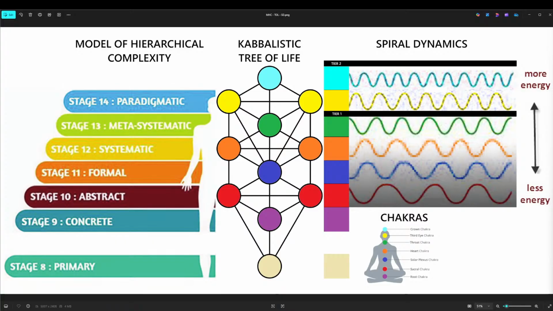If you're hyper intellectual and you skip over green, going from orange to yellow, that's also problematic, because it's like confirmation bias.